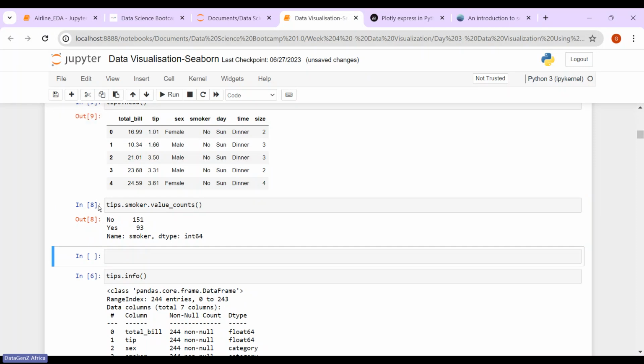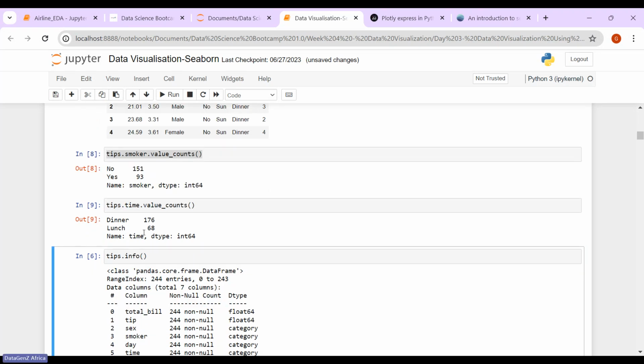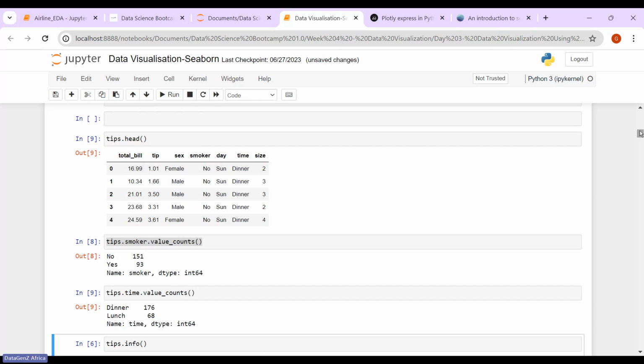We can also find out the categories on the time. Okay, it's just dinner or lunch. So these are categorical data, but when you're doing a joint plot, you plot it against 2 numerical data sets.